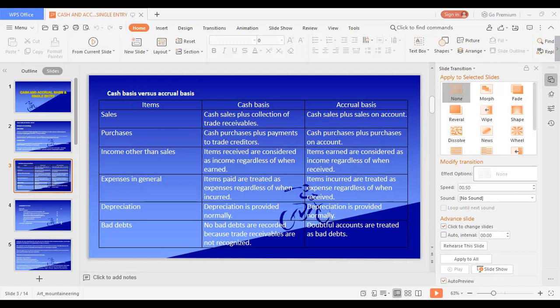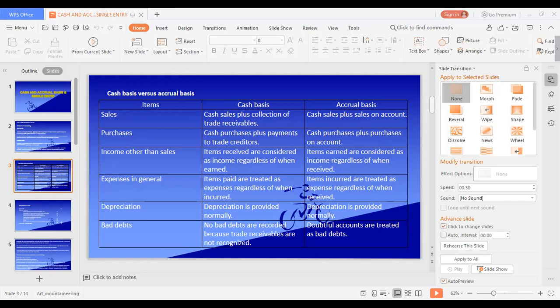So in the PowerPoint presentation, it was mentioned that under the cash basis of accounting, sales will only be the sum of cash sales and collections of accounts receivable. So you will notice that in the trial balance given, you cannot find accounts receivable nor accounts payable.